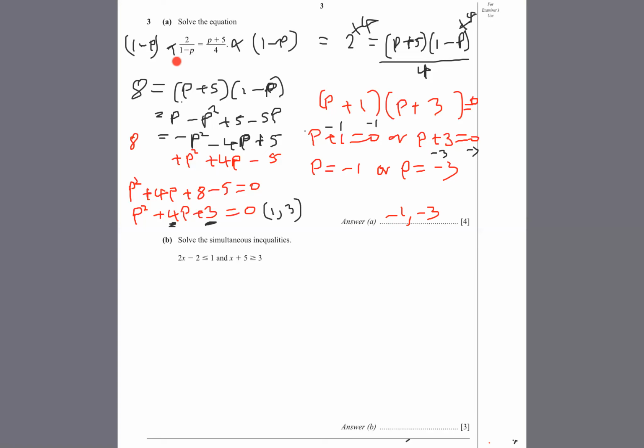Then 2 divided by 2 gives us 1. So this left side is equal to 1. P is minus 1, so minus 1 plus 5. We have 5 things, you remove 1, you remain with 4. 4 divided by 4 is equal to 1. That means this equation is 1 is equal to 1, which means our solutions are correct. So you can smile all the way even before the script comes.